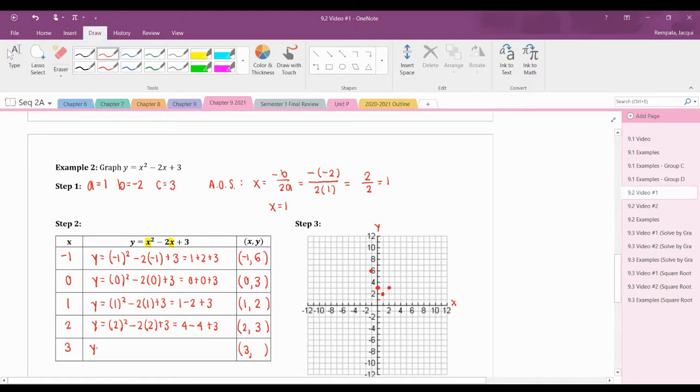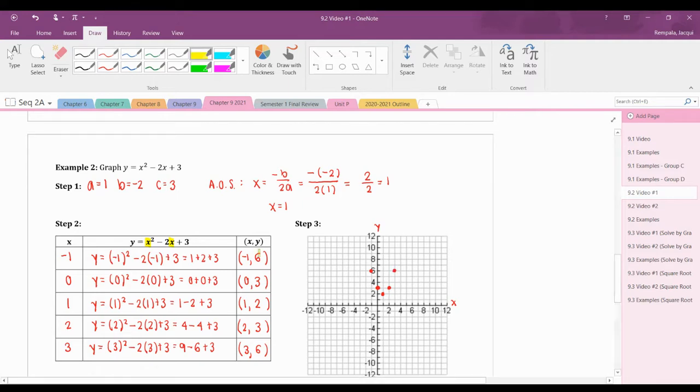And then finally, if I substitute in the number 3, very carefully, 3 squared is 9. Negative 2 times 3 is negative 6, plus 3. So that is going to get us, what? 9 minus 6 is 3. 3 plus 3 is 6. So 3 to the right, 6 up.